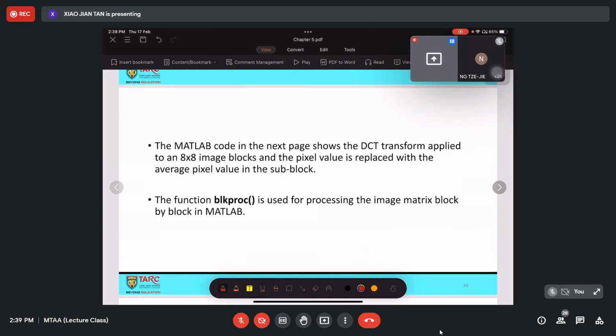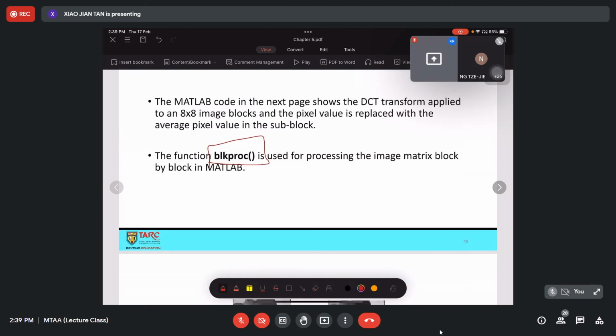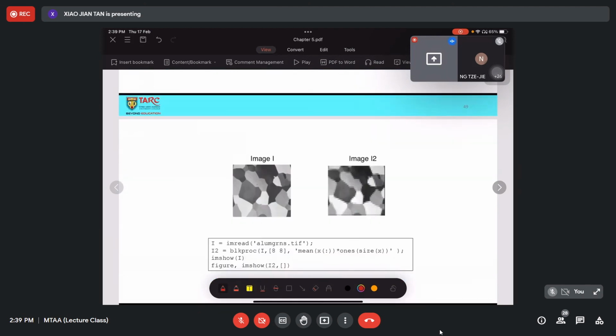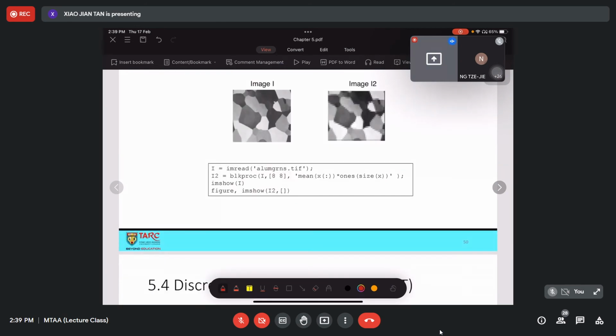The MATLAB code on the next page shows the DCT transform applied to 8x8 image blocks, and the pixel values are replaced by the average pixel value in the subblock. So this is the function blkproc, which means block processing. This is just for information. I don't think you are going to use this in the lab or assignment. So this is the coding.